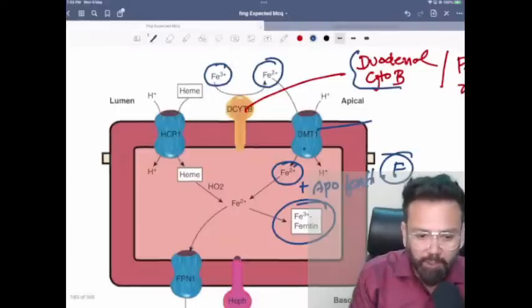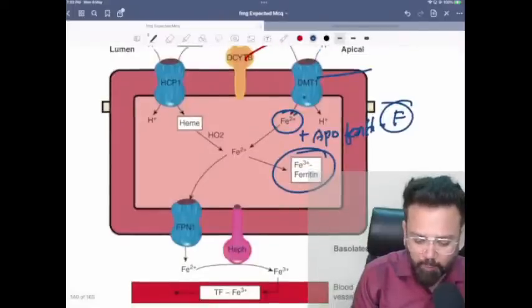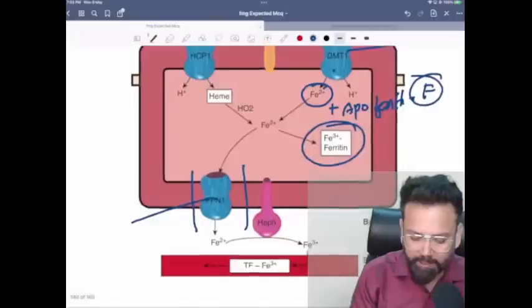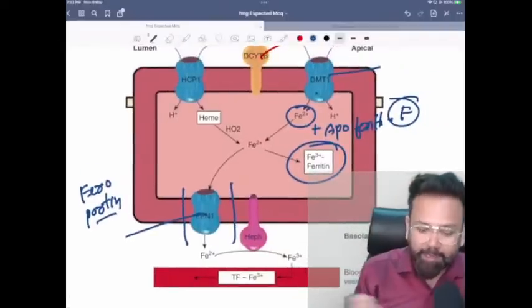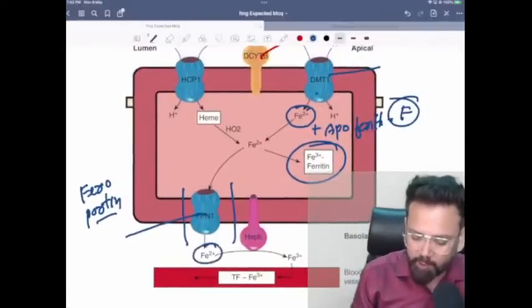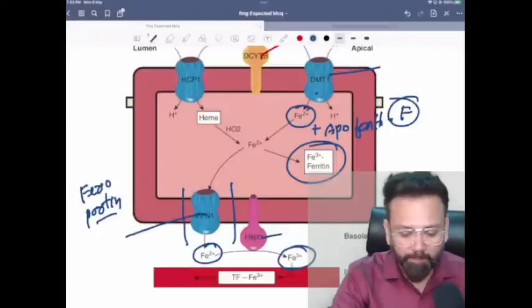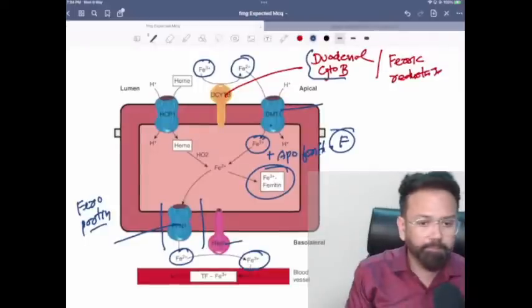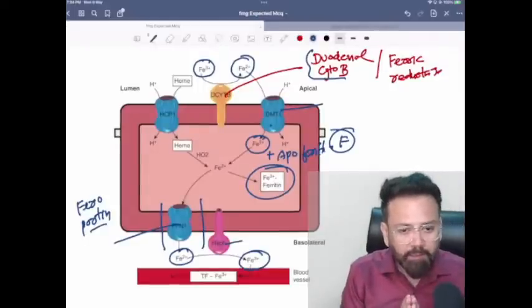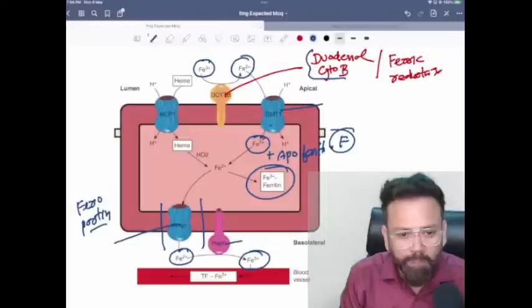That is a different thing. Now, it can be transported to the blood by what is this called? Ferroportin. Remember, these are very, very important questions. To the blood circulation, and again this ferrous will be converted into ferric by hepcidin. Now remember, point number 1: before absorption in the duodenum, it should be in the form of ferrous.